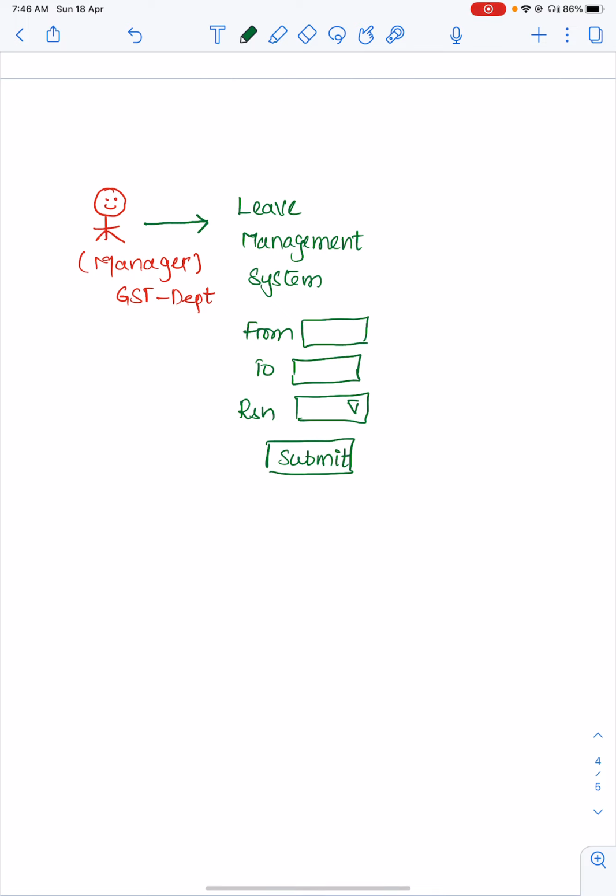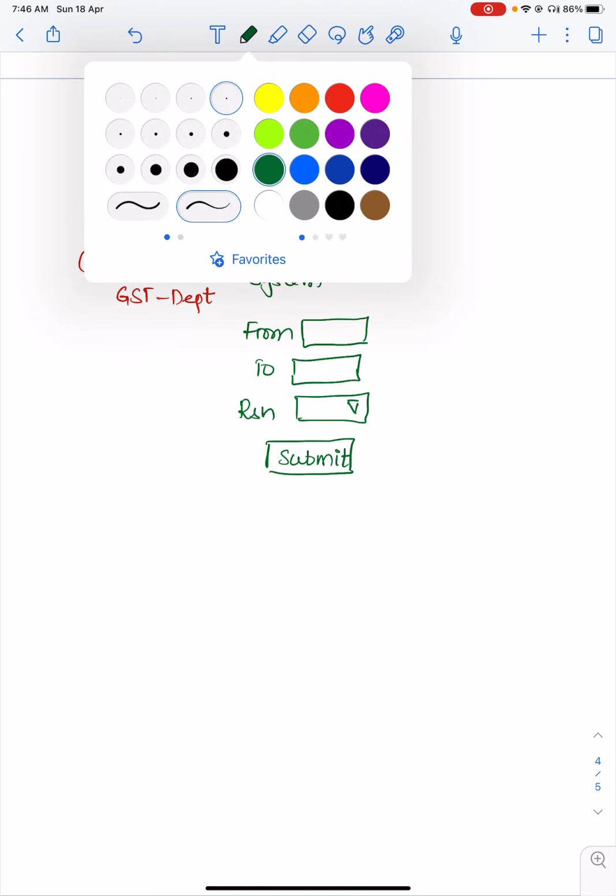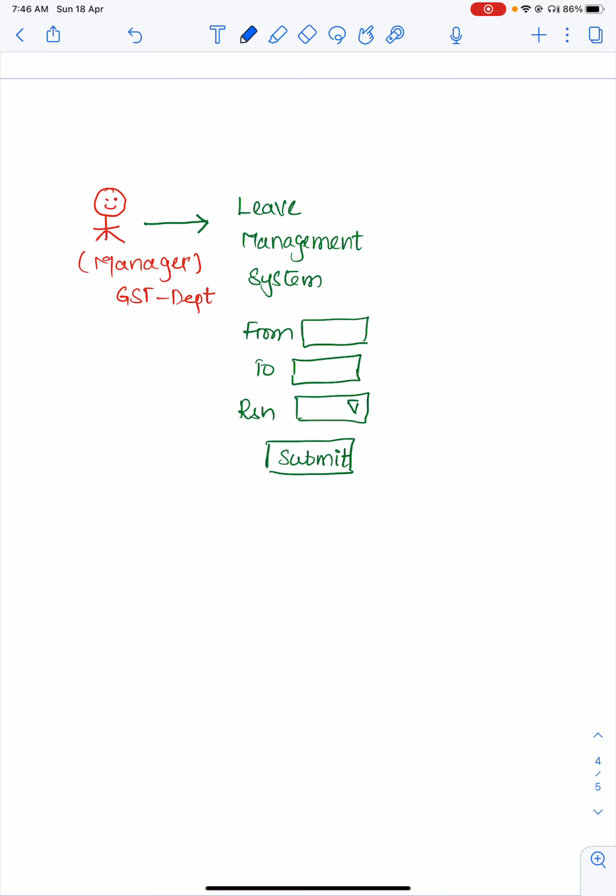Once he fills in these details and submits that application form, the request will reach his reporting manager.